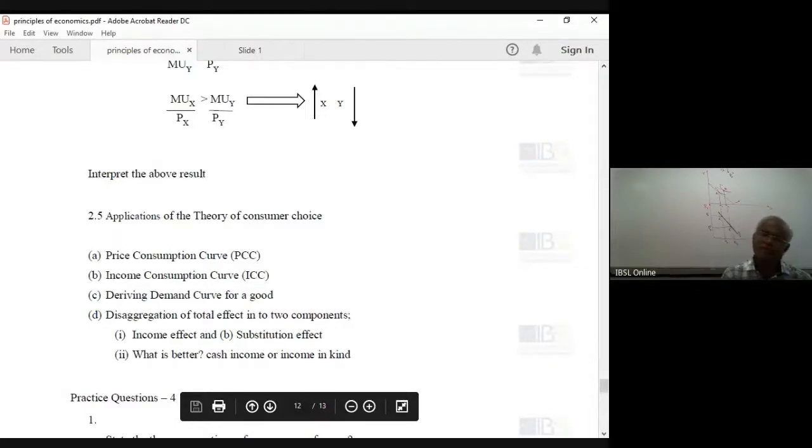Nominal income may be 5,000 rupees. Let's say the price of a sari. The price of a sari varies, a huge, big range. Office wearing saris maybe 1,000 rupees, 1,200, 2,000 rupees.